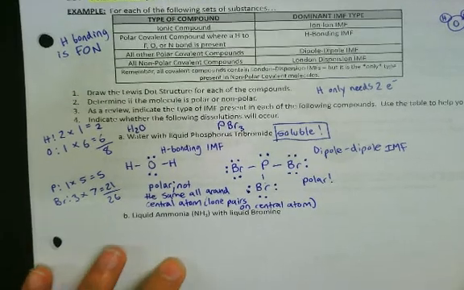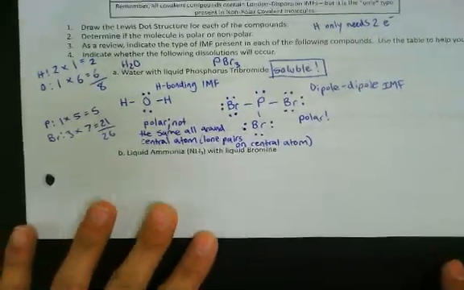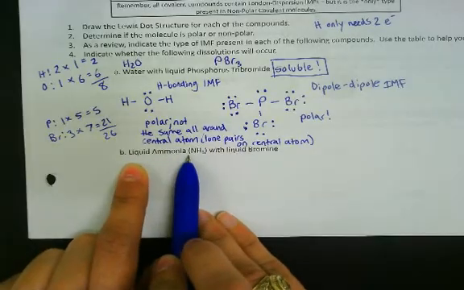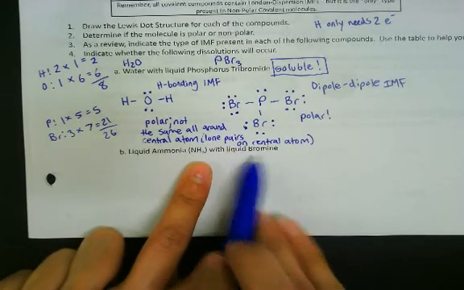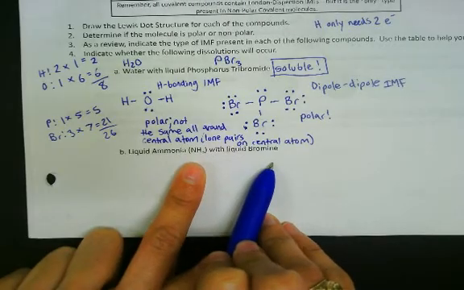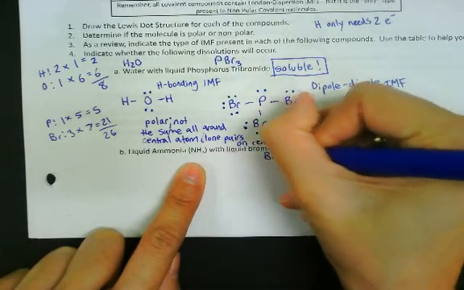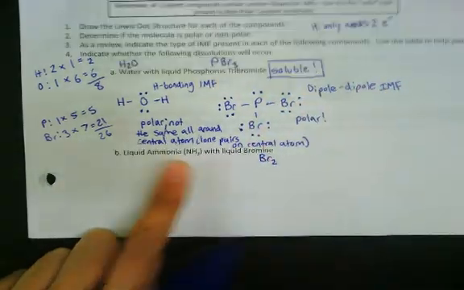Okay. For this next one, I would like to challenge you to draw the Lewis dot structure for ammonia as well as bromine. Remind me, y'all, is bromine diatomic or not? It is, right? It is diatomic. So there's going to be 2 of these.